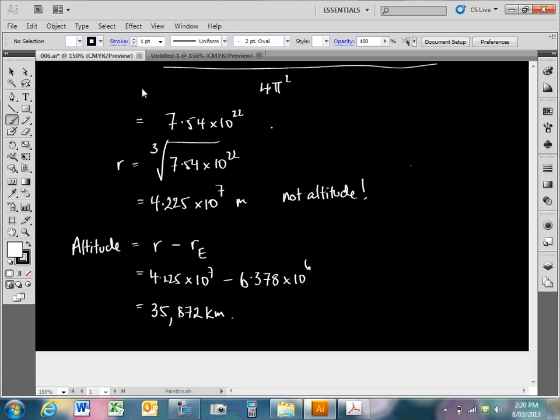I'll just leave that there for a second for people to finish up. Now I've just done a calculation to show you the altitude of a geostationary orbit. What have I implied by saying that, doing that calculation?